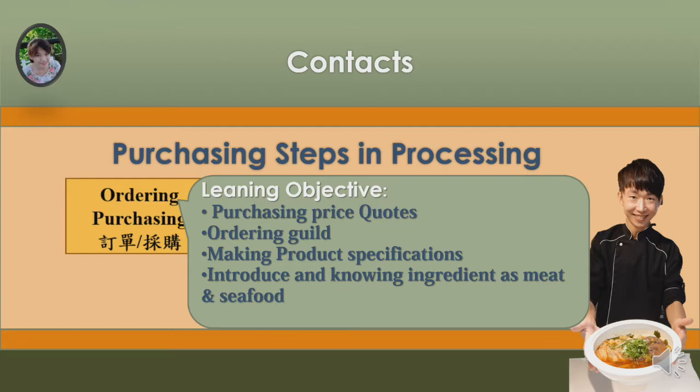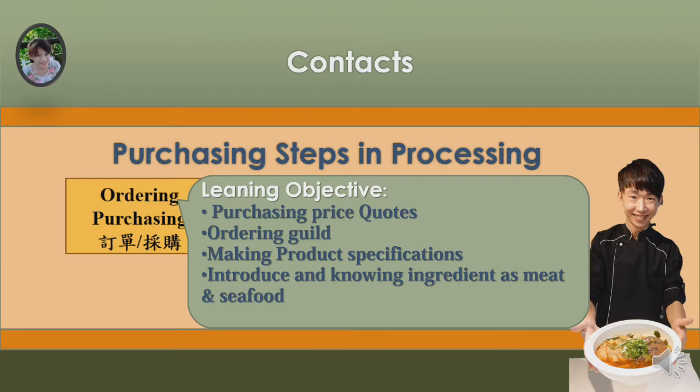And we will try to give you some ordering guidance: what kind of food, what kind of raw ingredients you need to choose. So there are some rules to obey.